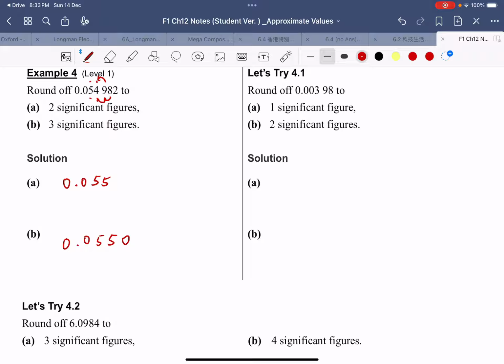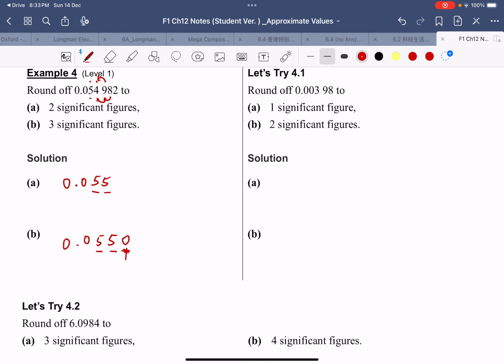So let's check. Okay, for part A, we have 2 significant figures here. And for part B, the question requires you to write down 3 significant figures. So you count 1, 2, and this 0 after the 5, this 0 is significant, actually.